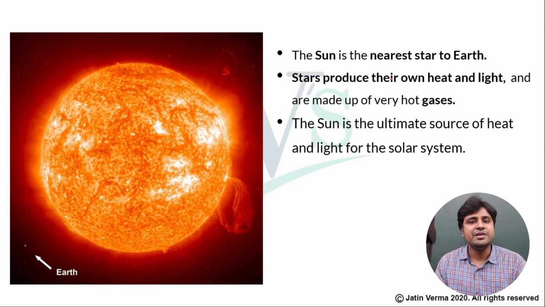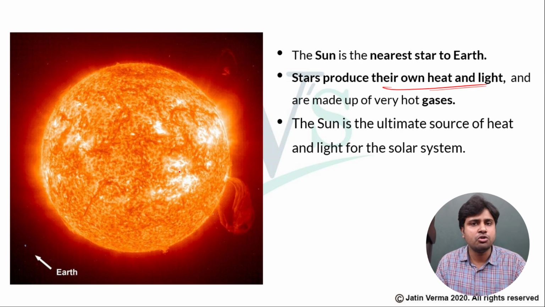The sun is the nearest star to the earth, and the most important source of energy to the planet earth. Without the sun, can life exist on the planet? Absolutely not. The sun is very crucial for the existence of life on earth, and it is the main source of heat and light for the entire solar system. Stars produce their own heat and light.